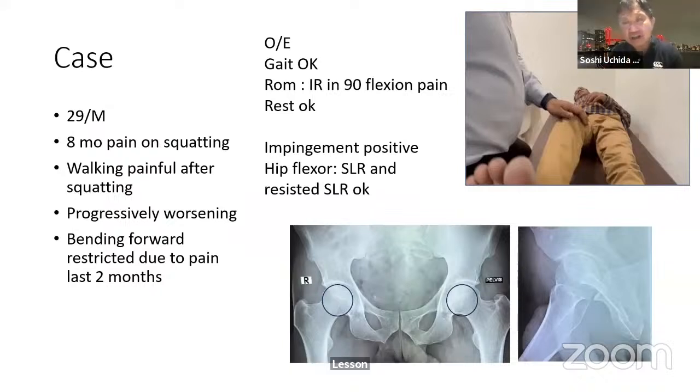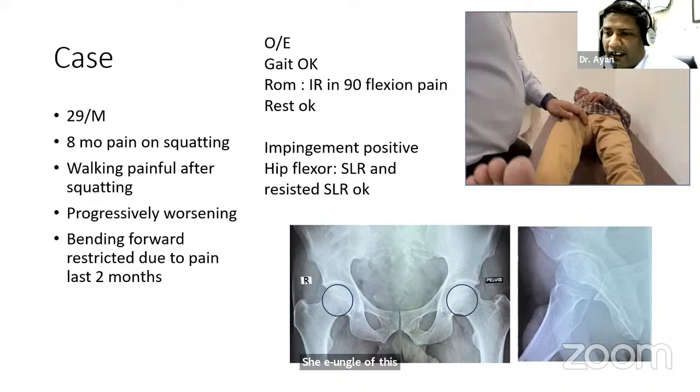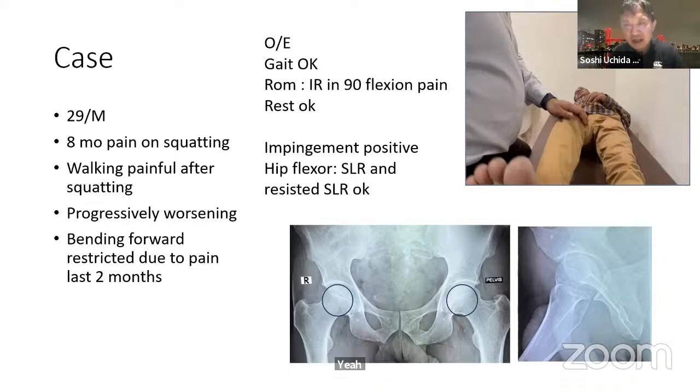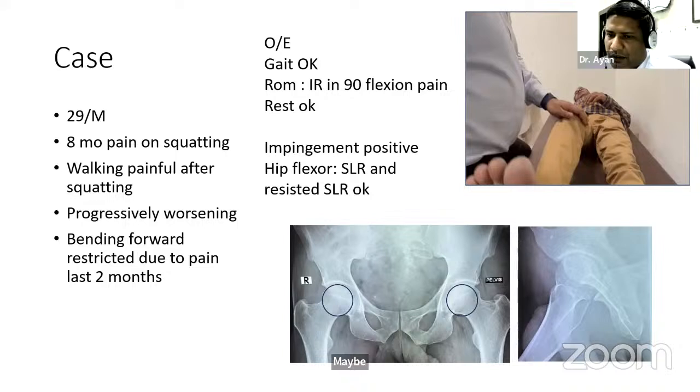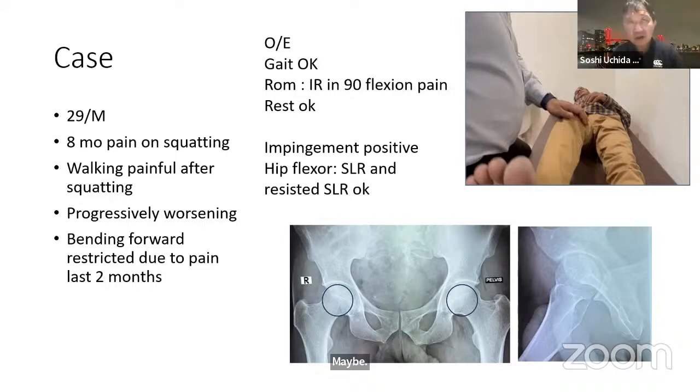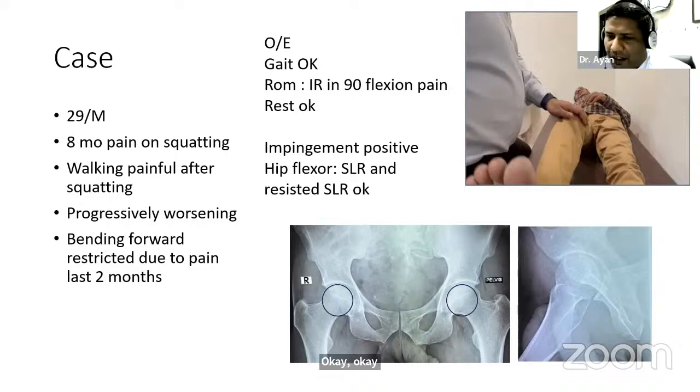What is the CE angle of this patient, right side? Oh, the CE angle. Maybe... no, I actually did not measure the CE angle in this case. I would have done it, but I failed to take note of that.